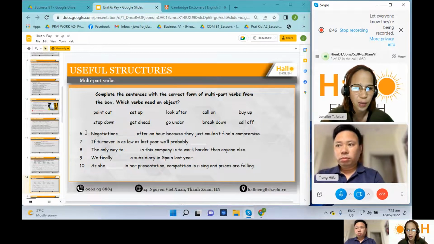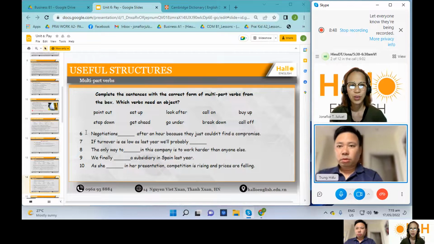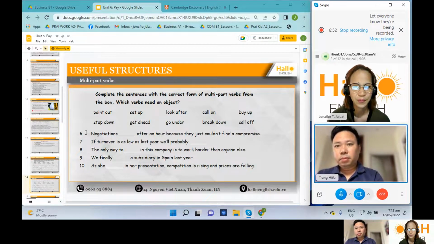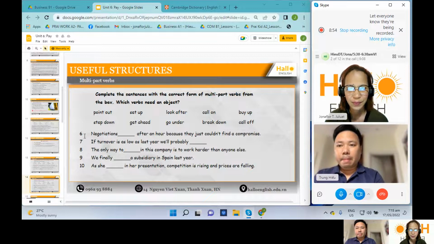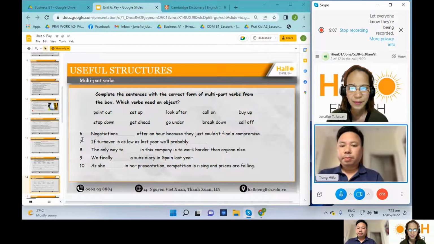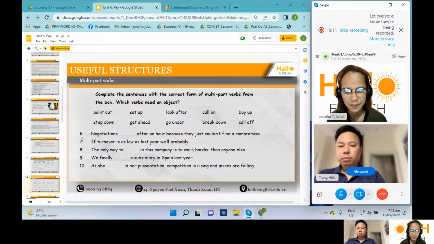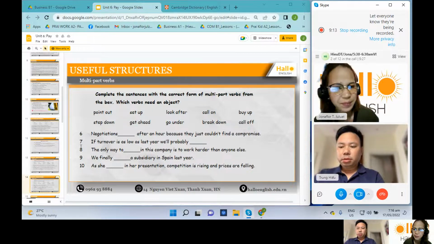What is the multi-part verb you will use? Point out. Negotiations will point out. Yeah. How about number 7?